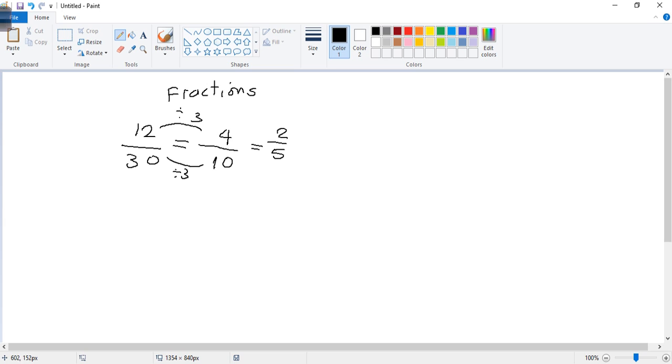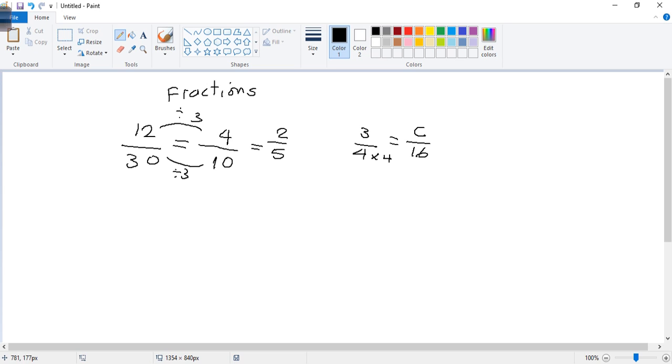For example, without using the calculator, find the values of the letters. If we have the fraction 3/4 equals c over 16, to get the value of c, what did we do to the 4 to become 16? We multiplied by 4.